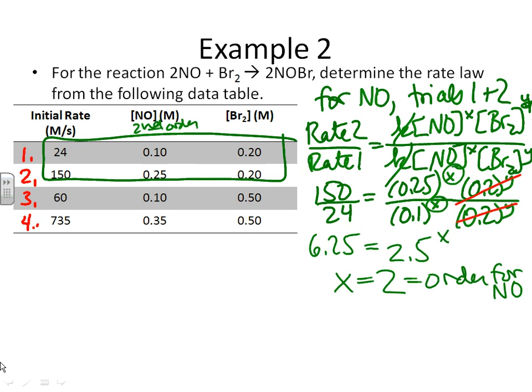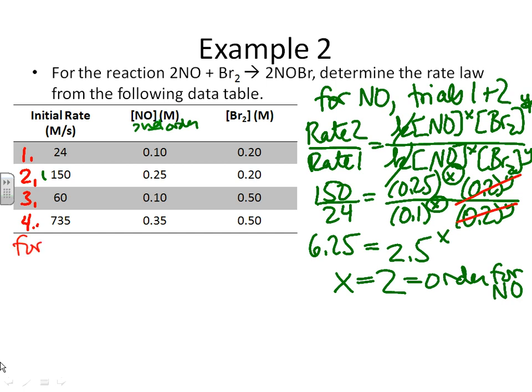And now we're going to do the exact same sort of thing. We're going to figure out the order for the Br2. And just like before, I don't have neat, clean data necessarily, so I'm going to have to do it mathematically for the bromine as well. I'm going to use trials 1 and 3.